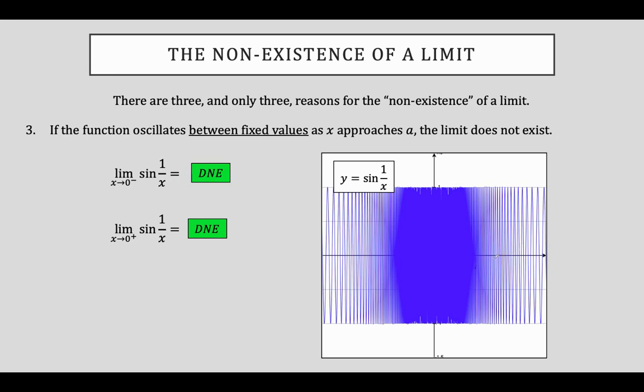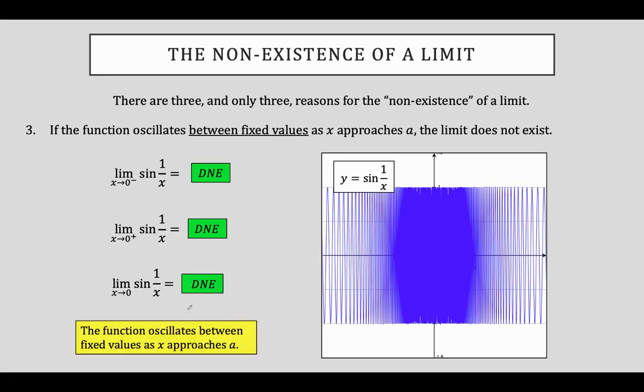Again, as we come from the right of 0, the function is going to oscillate between fixed values, go up and down between negative 1 and 1. And because the limits from the left and right do not exist, we can also conclude that the limit as x approaches 0 of sine of 1 over x also does not exist. The function oscillates between fixed values as x approaches a.